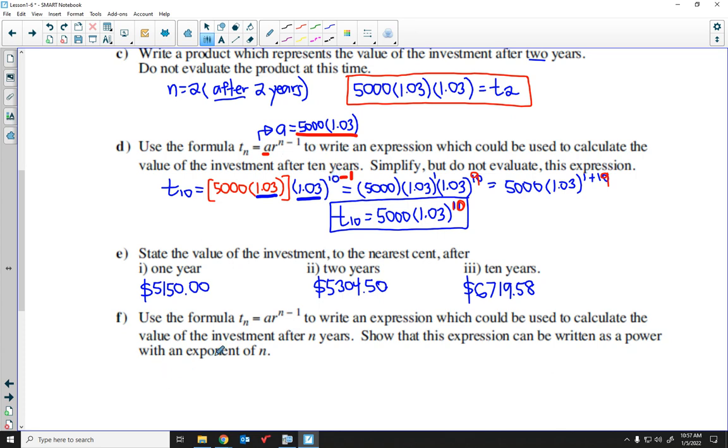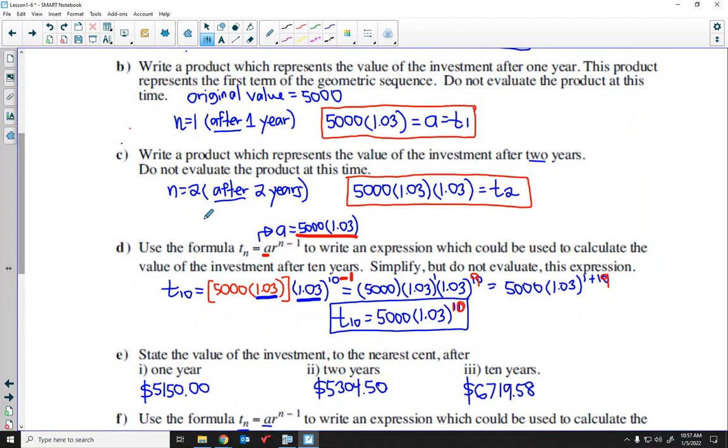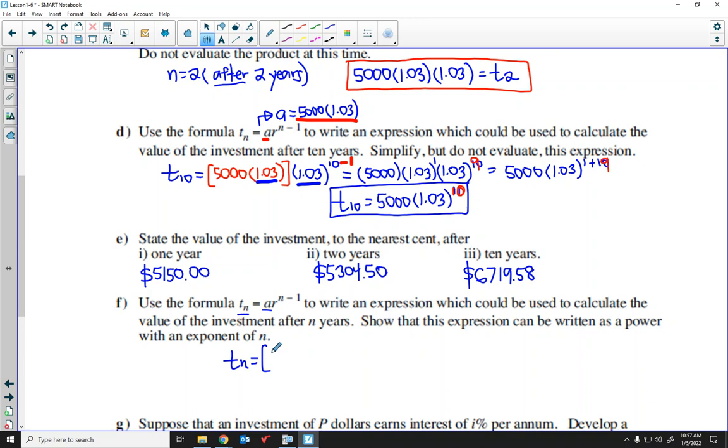So Tn would be equal to, and again, A is the value of the investment after 1 year. So that's 5,000 times 1.03. And then multiply by the growth factor, which is 1.03.